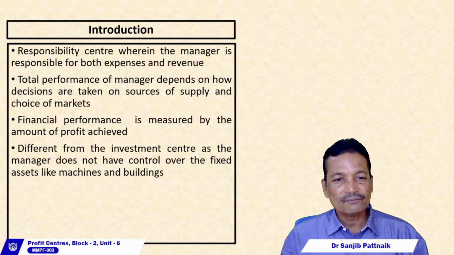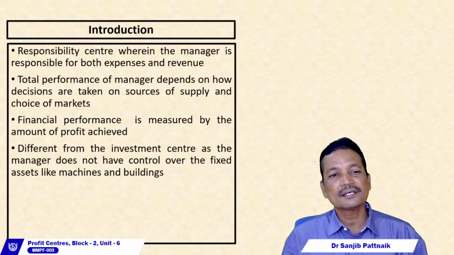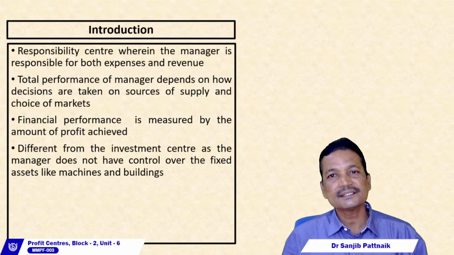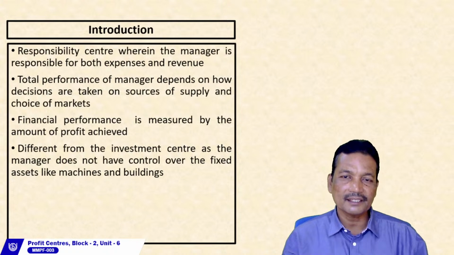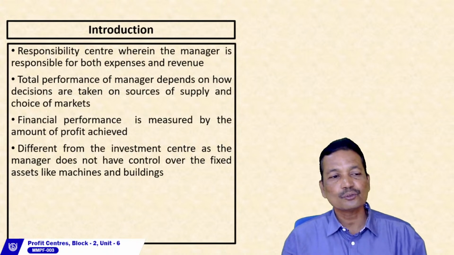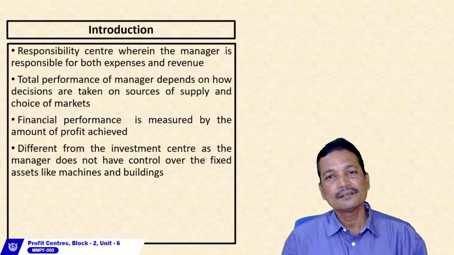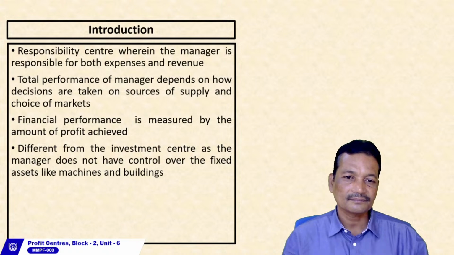Now it is different from the investment center as the manager does not have control over the fixed assets like machines and buildings. Managers are only given the existing machines and buildings in a profit center so as to utilize them in a proper manner and generate profits.